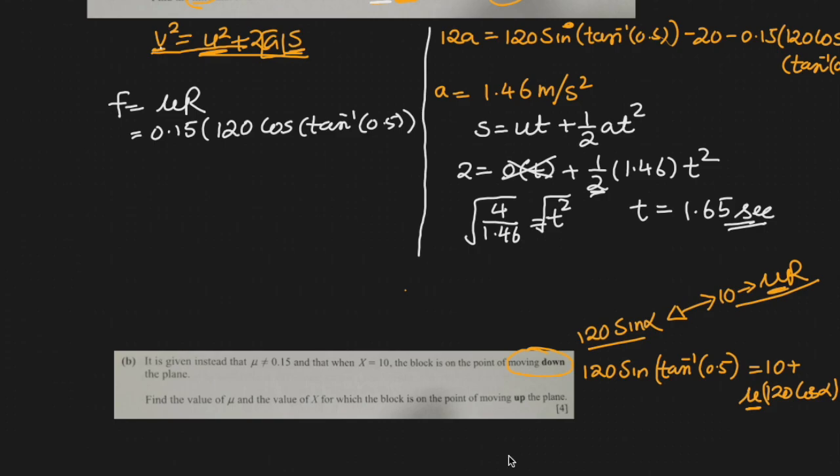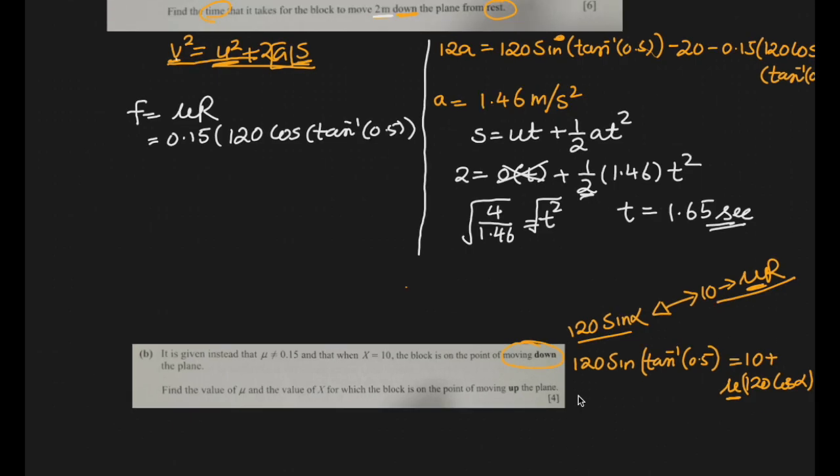So I'll just do it step by step. It comes out to be 53.6656. 53.6656 minus 10, this 10 will go there, equals mu times 120 cos alpha, in place of alpha I wrote tan inverse 0.5 again. It came out to be 107.33.